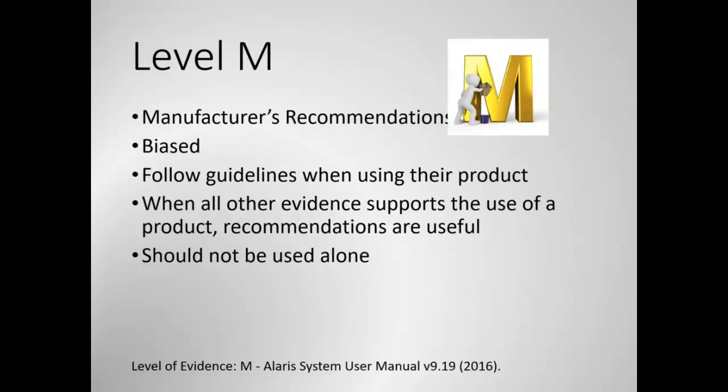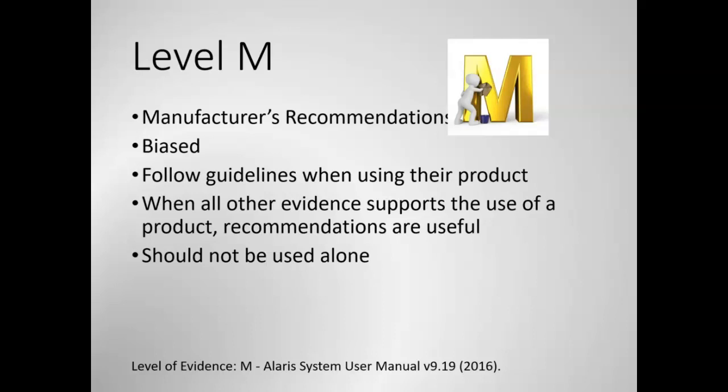Level M, this is kind of a funny one. So your level M is your manufacturer's recommendations. So if the Lucas, the chest compression machine that we have in the ER, the Lucas machine handbook might tell you to do a certain thing a certain way. So it's very biased to their product.